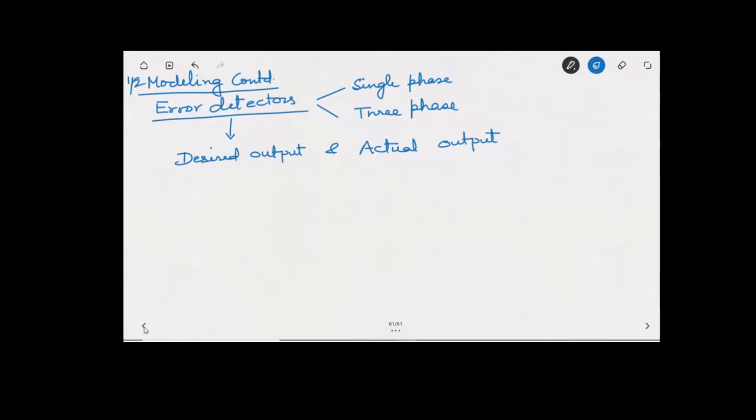Desired output is also known as reference input. Any deviation from the desired output, that is, any deviation from the reference input, results in the error signal.